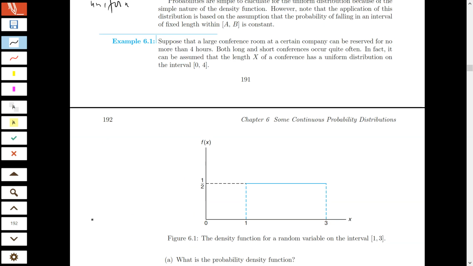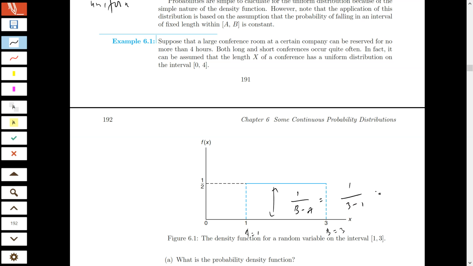So can you now explain this graph? Why do we have 1/2 as the value? Because this is the value of A, and this is the value of B, and this needs to be 1 over 3 minus 1.